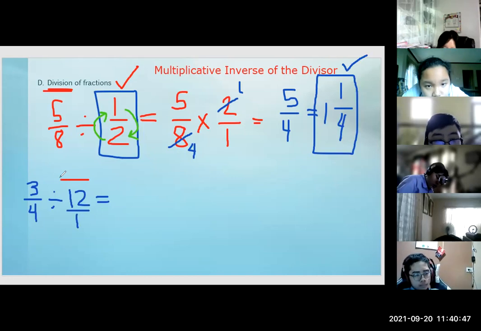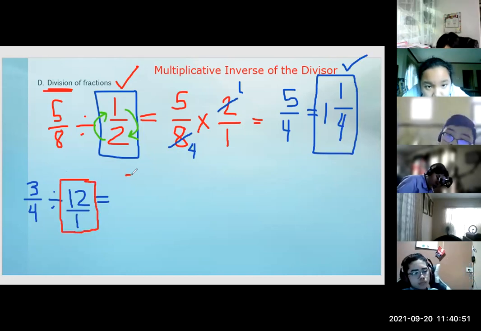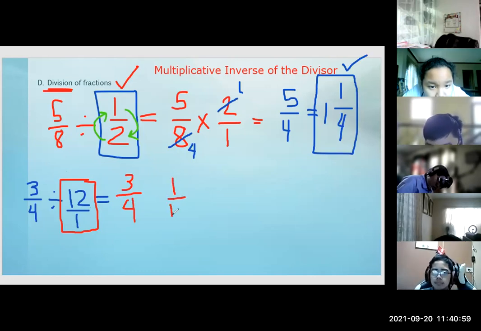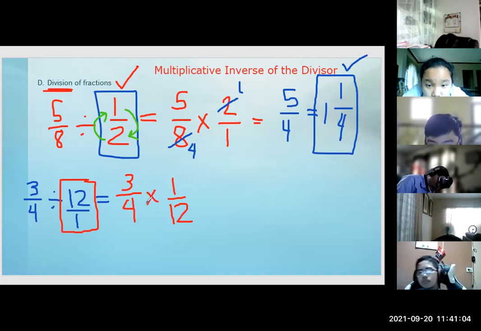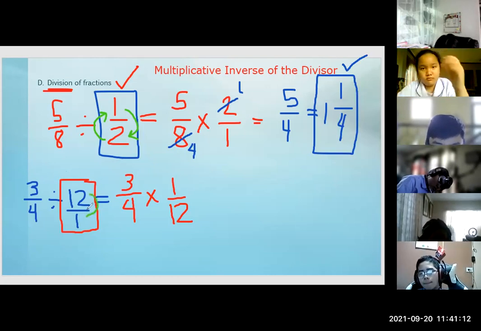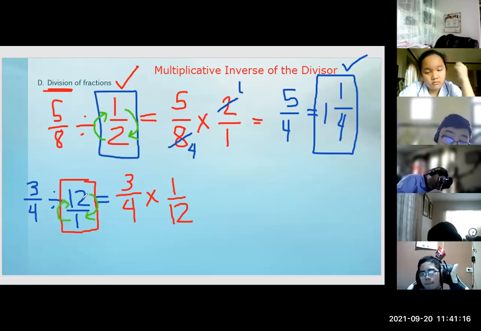We need to invert the divisor. Now, copy the dividend 3/4. Invert, it becomes 1 over 12. Now proceed to multiplication. Invert, numerator becomes denominator, denominator becomes numerator.